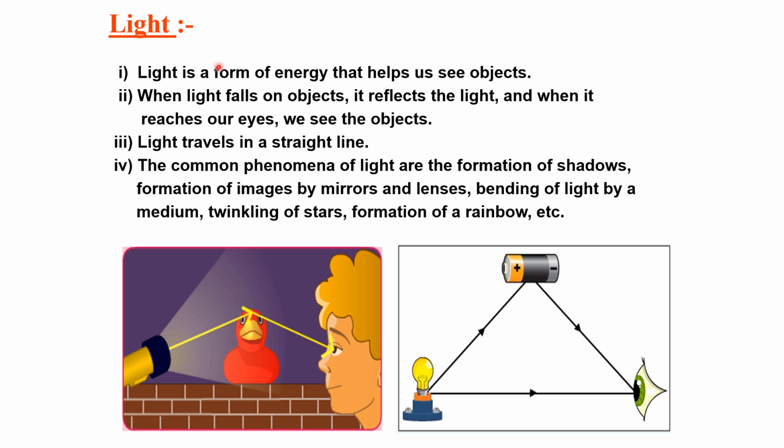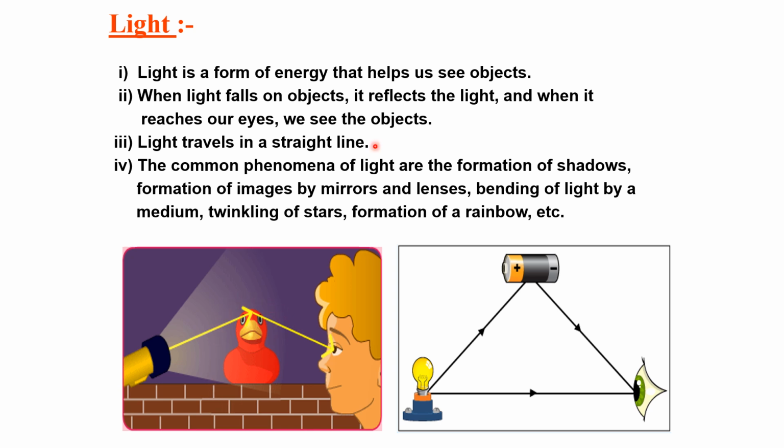So light is a form of energy that helps us to see the objects. This light consists of electromagnetic waves because it contains both electric and magnetic properties. When light falls on objects, it reflects the light and we are able to see the objects in the presence of light.